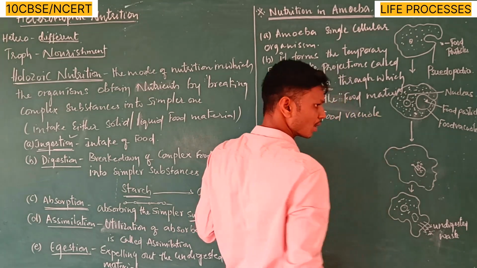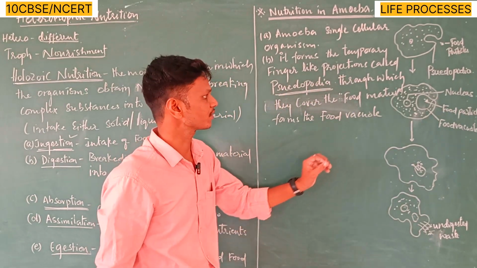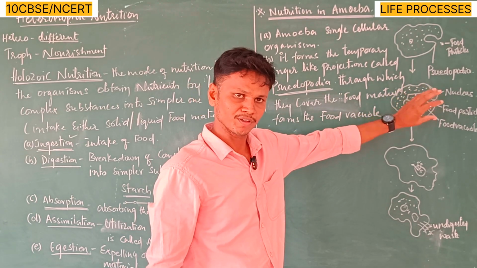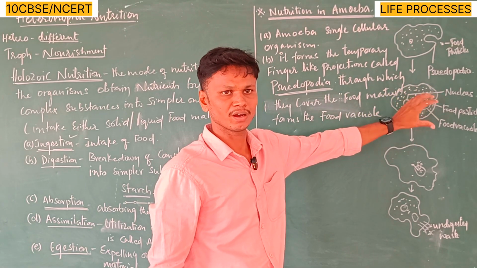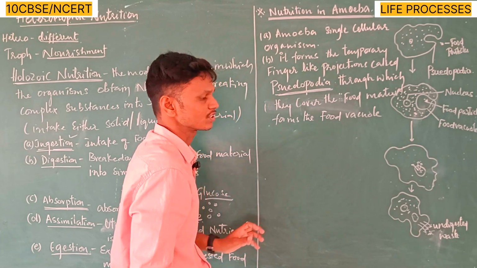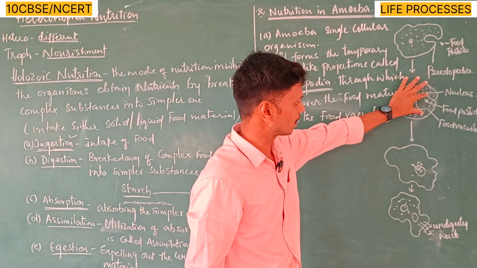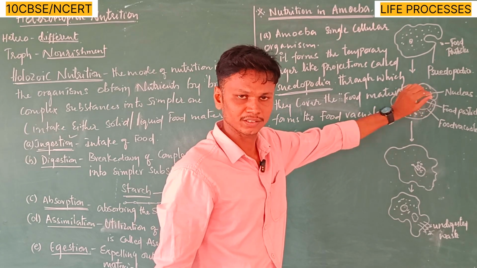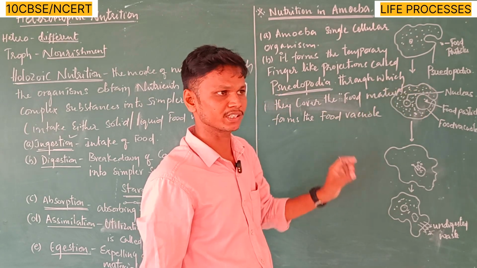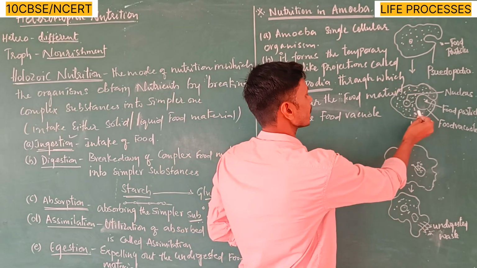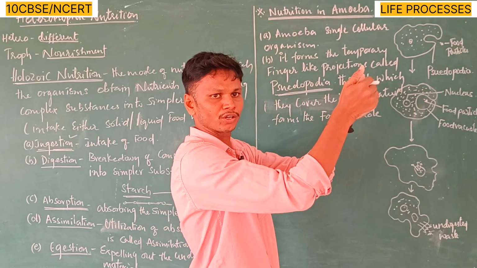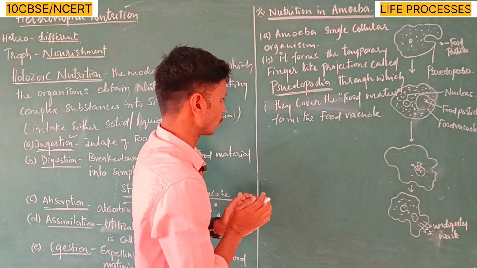In some books they have mentioned the food vacuole will already be present in the amoeba itself. Even however you write it is good. In some books they have provided that the food vacuole is present and the food enters into the food vacuole. But in some books they have mentioned that by covering the food with the finger-like projections, it will form the food vacuole.